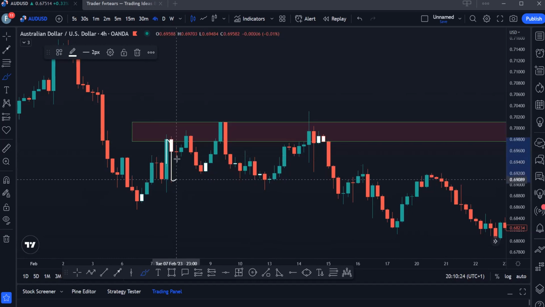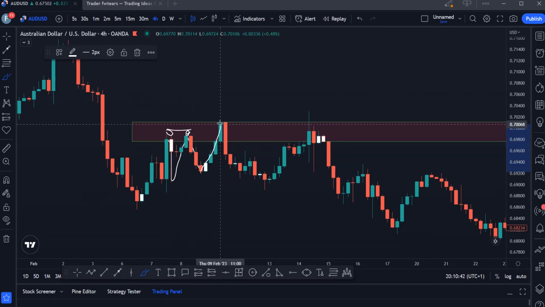Okay, look at the second touch, the second time that price would enter that zone. It also acted as a resistance. So this first touch and second touch has given you that validation of this resistance zone. So the next time that price will go into the zone, you want to look for sells, right?